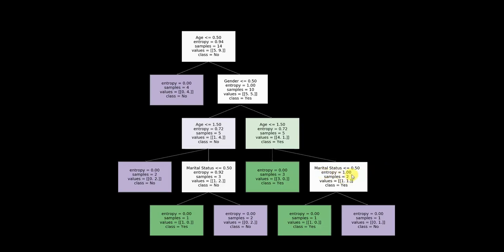So entropy of 1 is the worst entropy, and the values of entropy lie between 0 and 1 only. It can be 0.10, 0.20, 0.40 and so on, till 1.